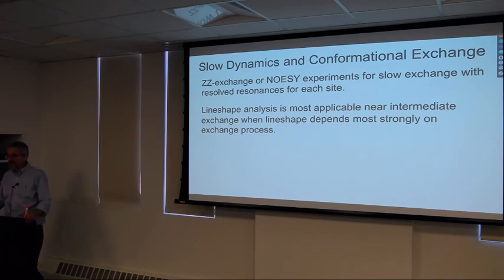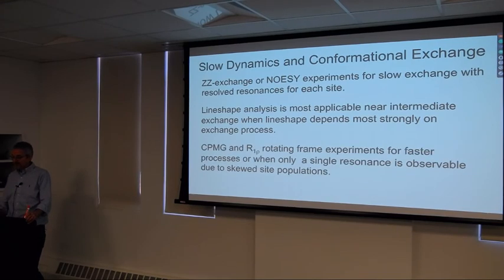Dorothy Kern did a lot of this in prolyl isomerases, looking at small peptide line shapes. Tanya Mittag did this as a graduate student with some small molecule binding to some protein I don't remember. And then, as we've talked about, CPMG and R1-rho experiments are probably the main techniques used these days.